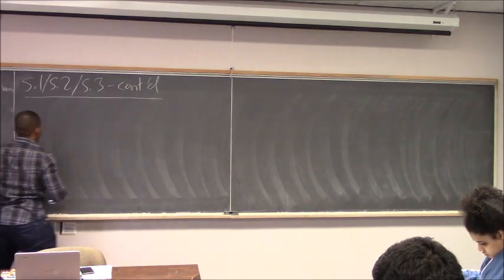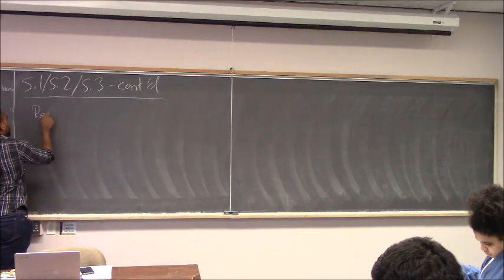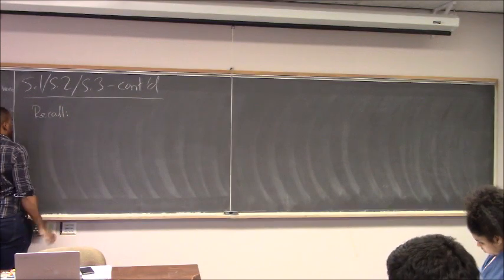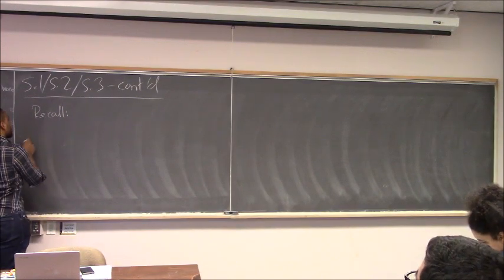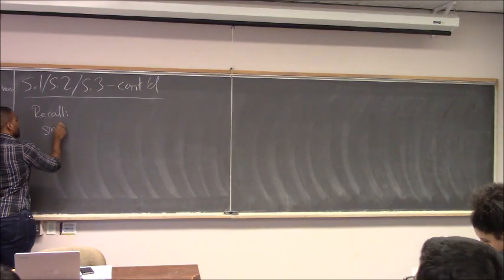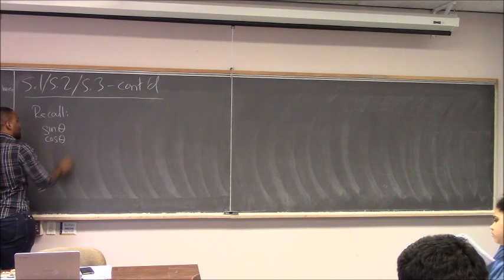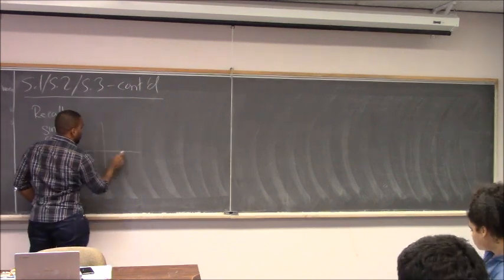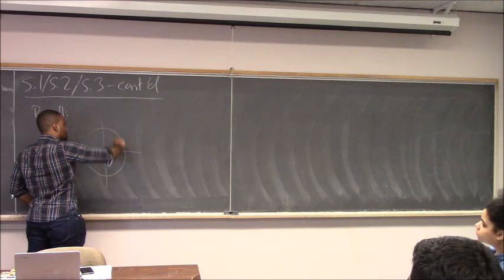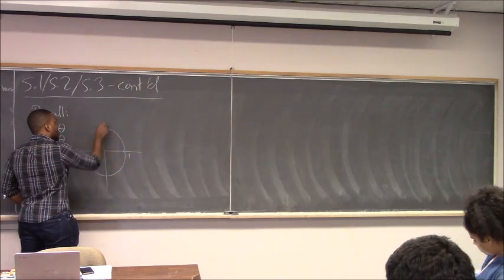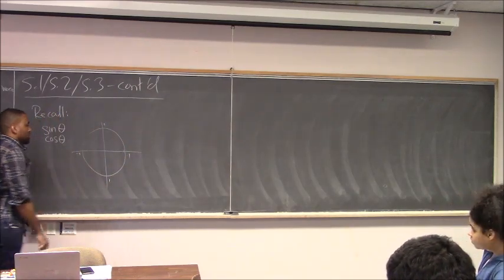So, what did we talk about last time? Recall. We developed two trig functions. We had functions sine of theta and cosine of theta. And the point of these two functions was to track the coordinates on the unit circle. Circle of radius 1, centered at the origin.